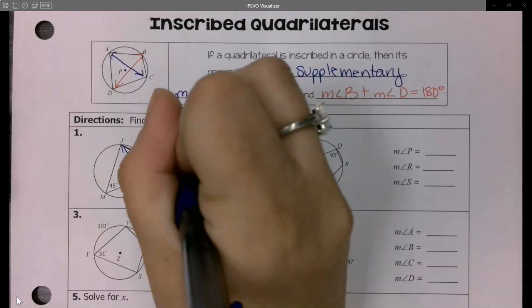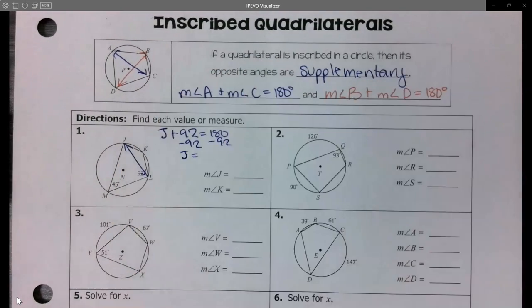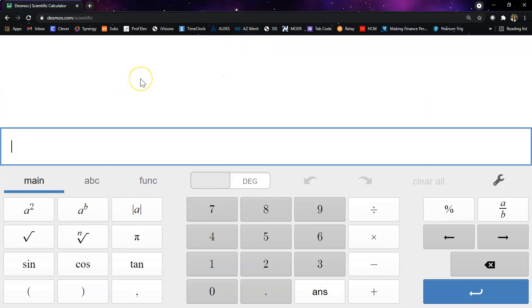So then I just want to go ahead and subtract 92 from both sides, and then I figure out what the measure of angle J is. So let me open up Desmos. I want to do 180 minus 92, which gets me 88.